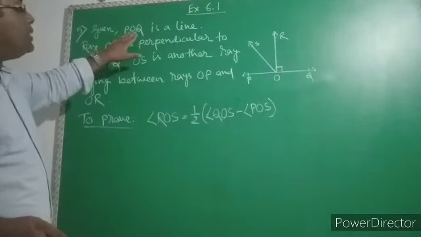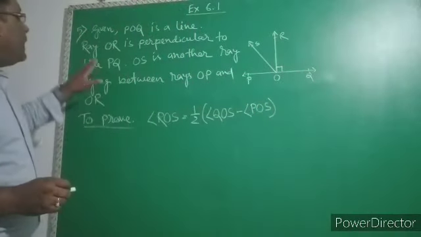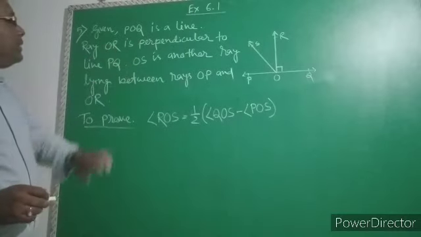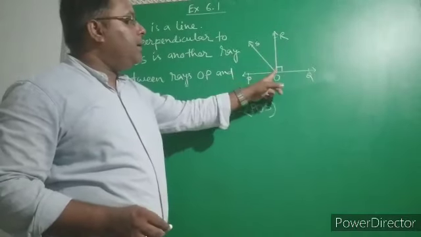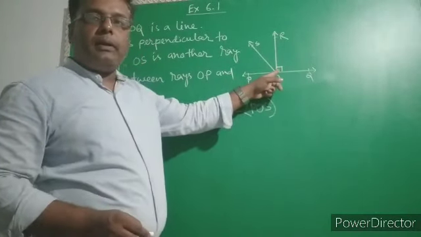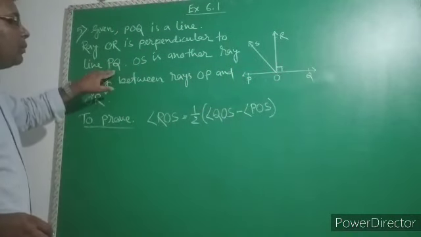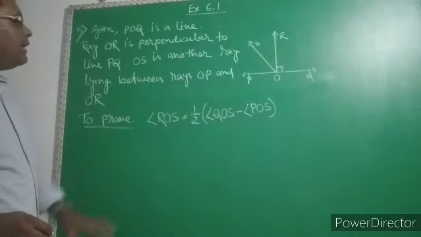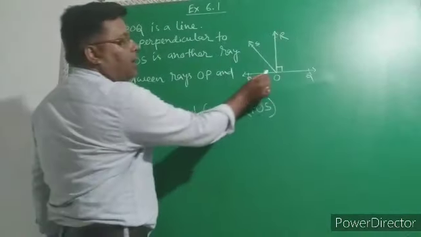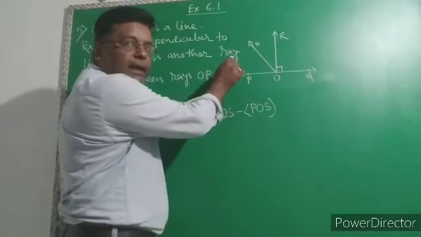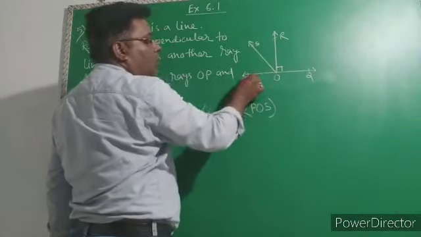Given POQ is a line, and a ray OR is perpendicular to the line PQ, that is, this symbol means perpendicular, that is this angle is 90 degree, and OS is another ray lying between the rays OP and OR. That is, OS is another ray which is lying between this ray OR and OP.